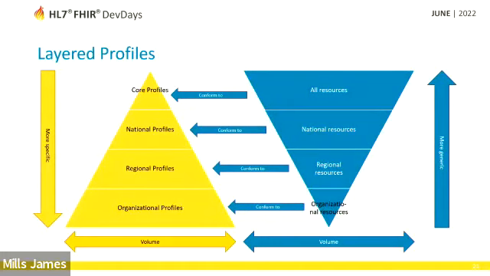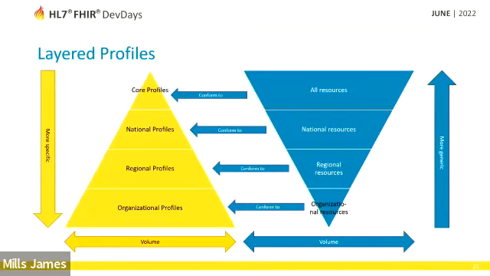So as I mentioned, you can also base profiles on other profiles. And this is when you get so-called layered profiles or derived profiles. So we see at the top of this pyramid that you have just a couple of core profiles. And then at the national level, we build national profiles based on these core profiles.